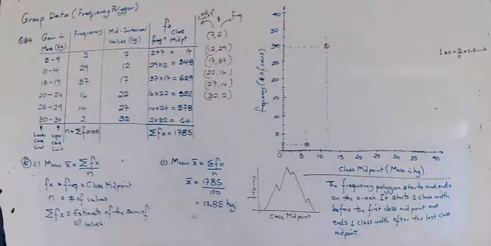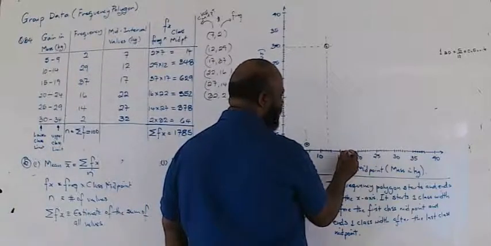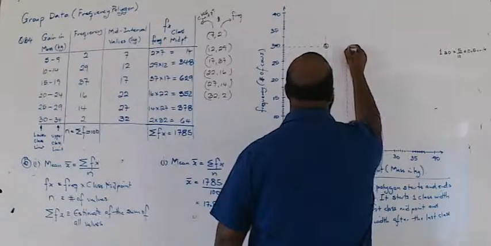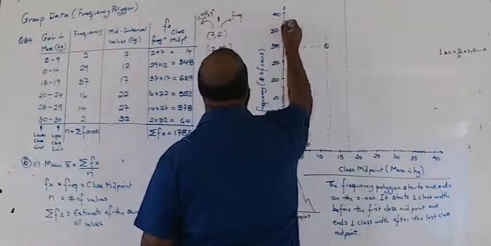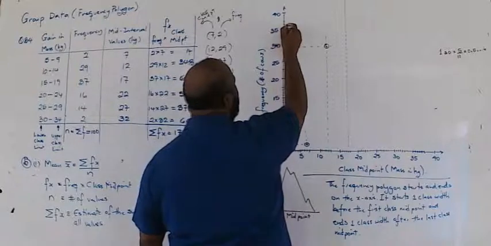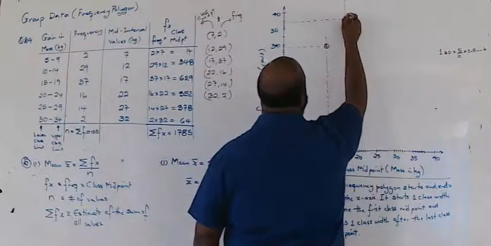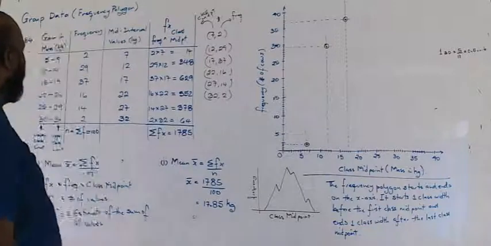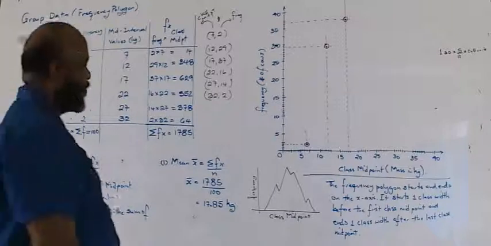Then 17 corresponds to 37. 15, 15.5, 16, 16.5, 17. And that corresponds to 37: 35, 35.5, 36, 36.5, 37. Then 22 corresponds to 16.